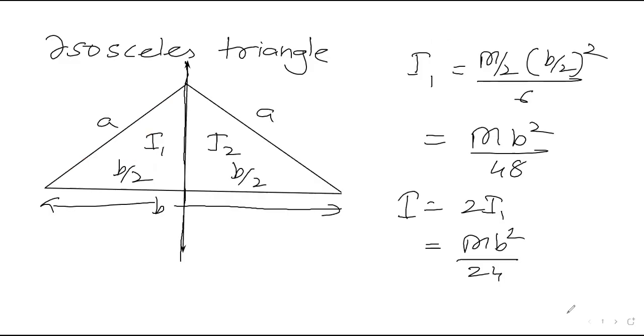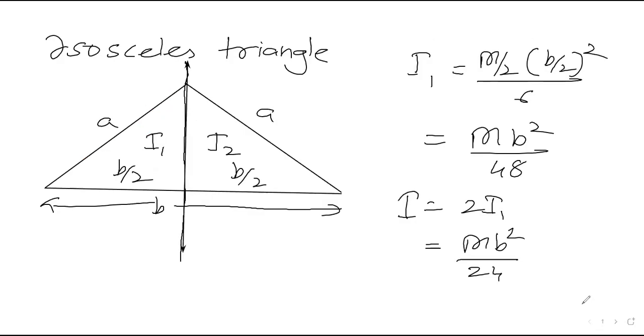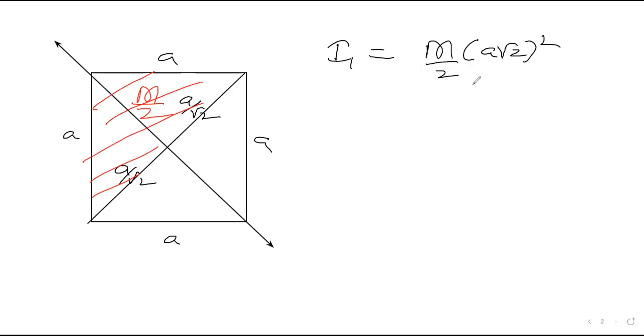So b, I'll take it as root 2 a, and the 24 stays 24. Why M by 2? Because we are considering only the half part of the square. The entire mass of the square, I'll take as capital M.